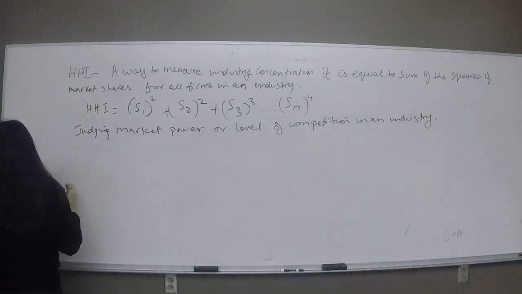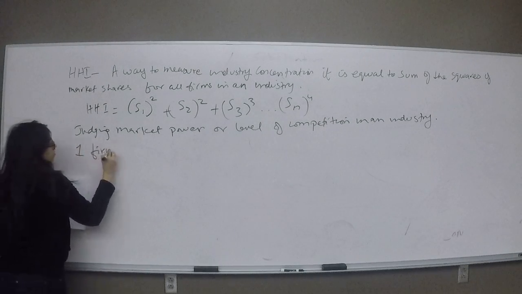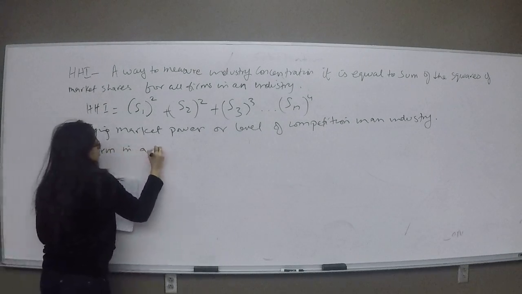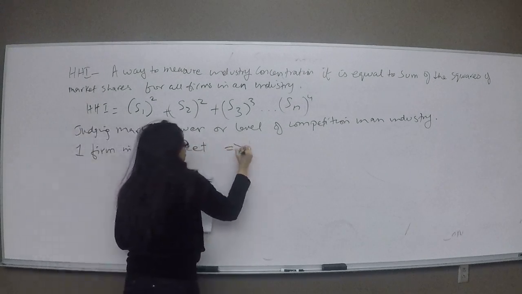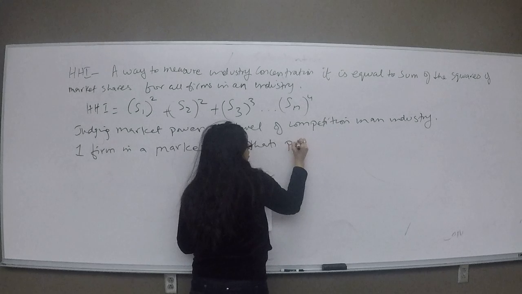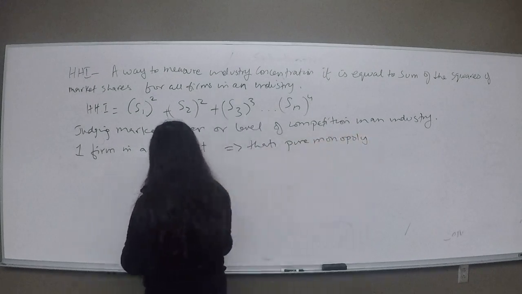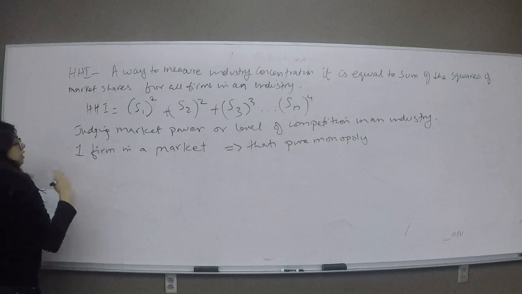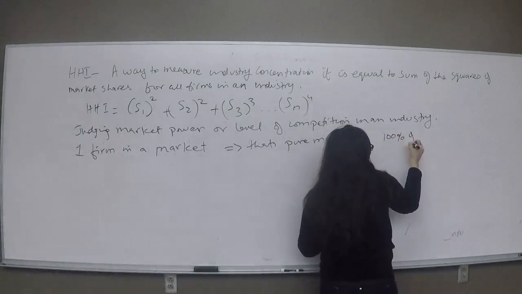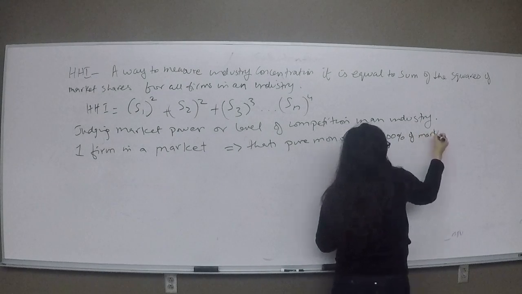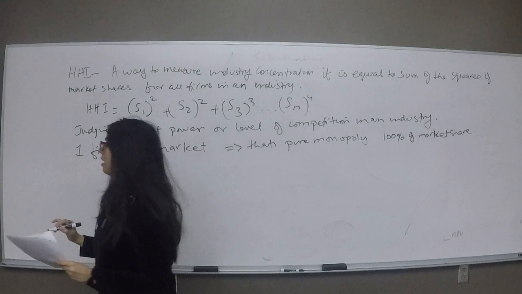If there's one firm in a market, that's a pure monopoly. That means it has 100% of market share, so they own all the shares of the market.